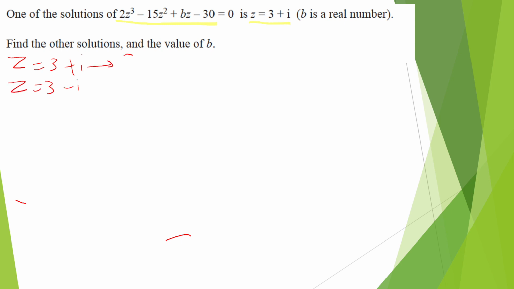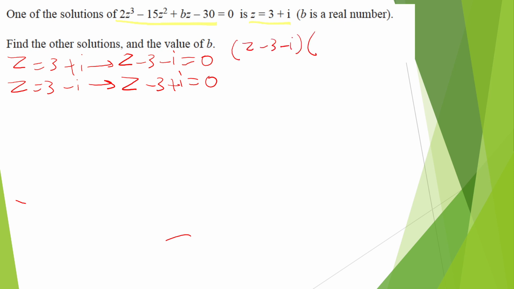Then you would rearrange to write it as equal to 0. Then you would expand. So expanding this, I'm just writing the expansion in here, so just multiply each term.